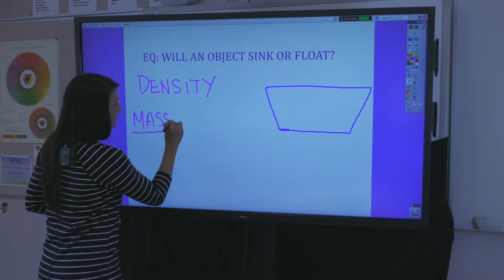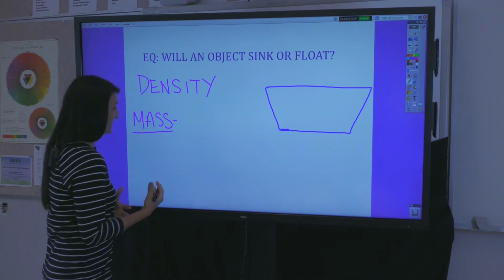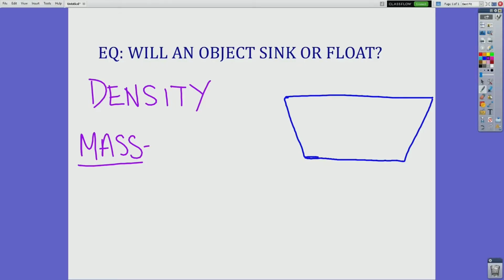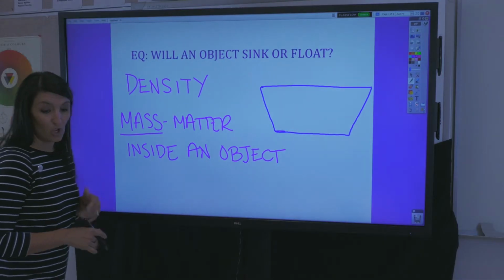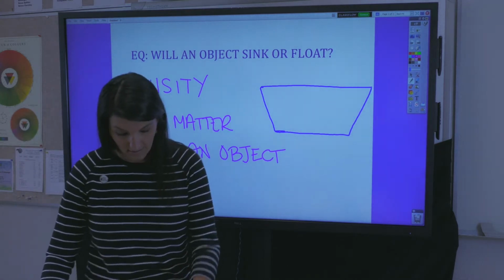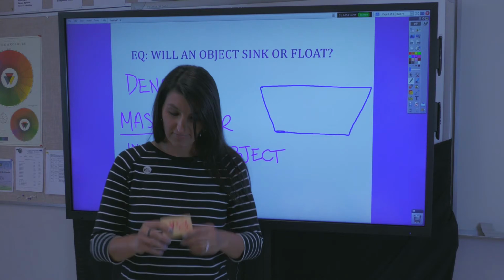Okay, so this word mass, it is my sincere hope that you all know and can recall what that is: the matter inside an object. And for the sake of today's experiment, the amount of matter inside of an object, we're going to focus on these materials that I brought with me today. So for example, this block of wood.